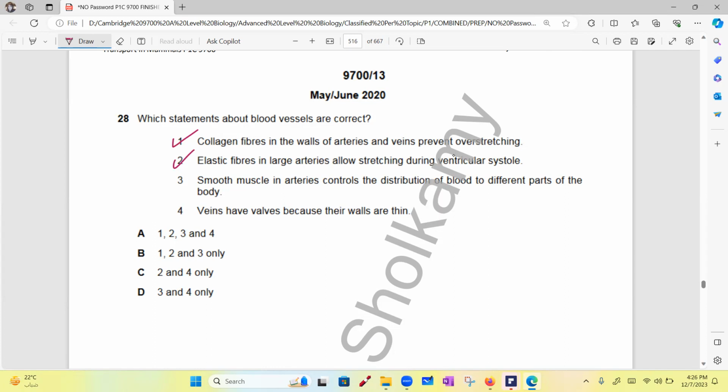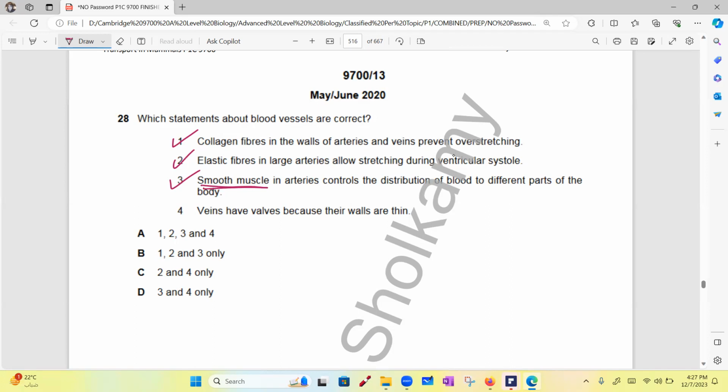Mariam, is this right or wrong? And tell me why. Right, because it helps with contraction or relaxation, so it controls how much blood passes through. Excellent. Any muscles contract and dilate, so it will control the diameter of the blood vessel and of course the amount of blood reaching that part of the body.